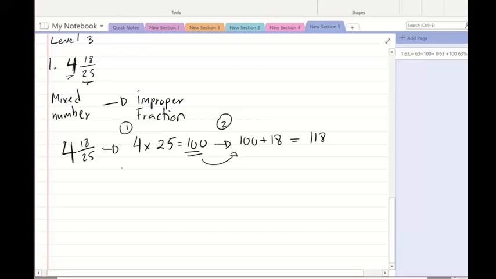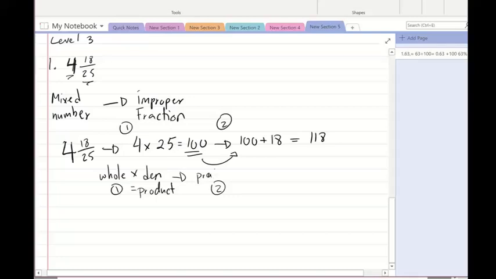Again, step one is whole number times denominator. Step two is, that gives you a product, right? Whenever you multiply something, it gives you a product.